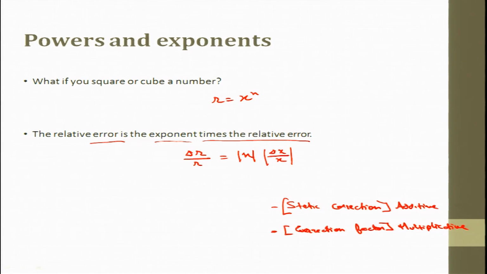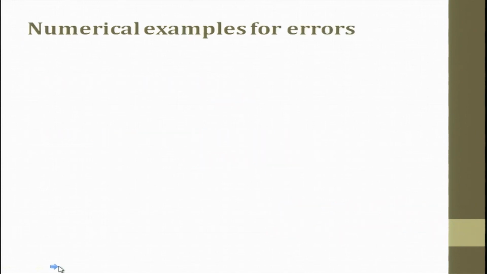Most of the times, the instruments which we are using are linear in nature, so we will use static correction, not correction factor. Okay, correction factor is multiplied and static correction is added. Added might be, it includes the sign, it might be added or subtracted both. Okay.